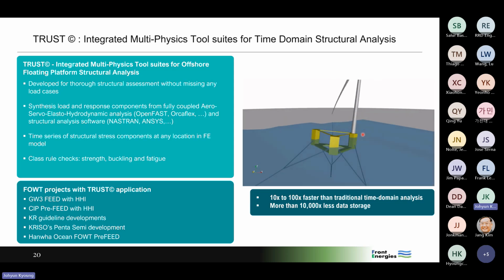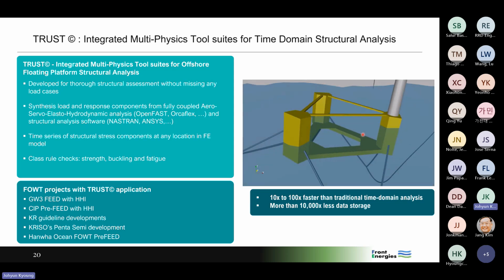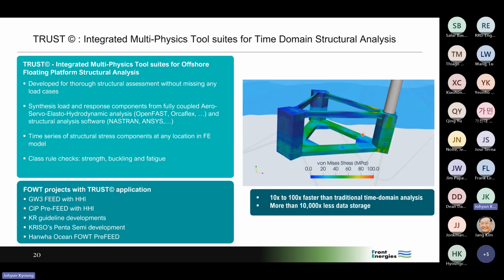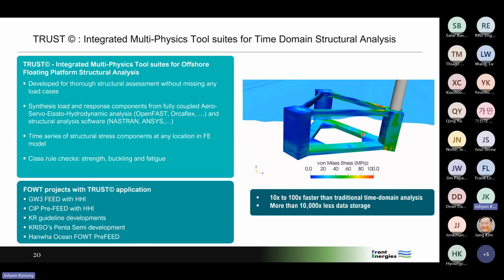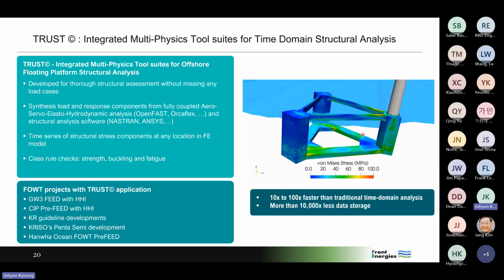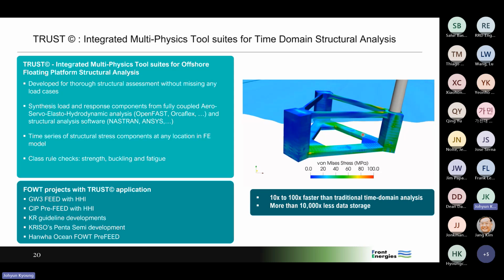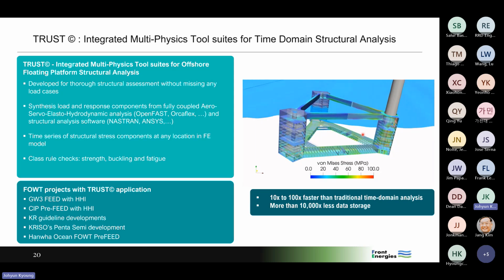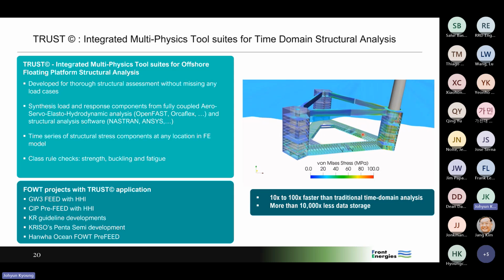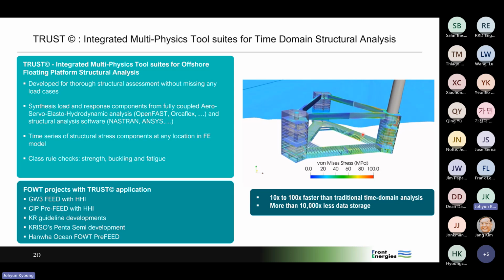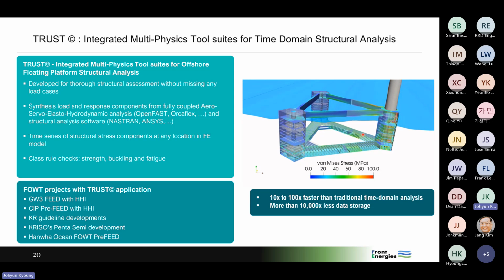This TRUST package has been applied to several FOWT projects. For example, in Korea, there are the Grayware project and the SCIP pre-FEED project. KR is developing the time domain structural analysis guideline, and when they developed that guideline, they applied this TRUST package to assess the structural response.